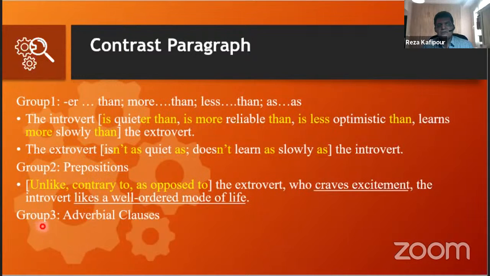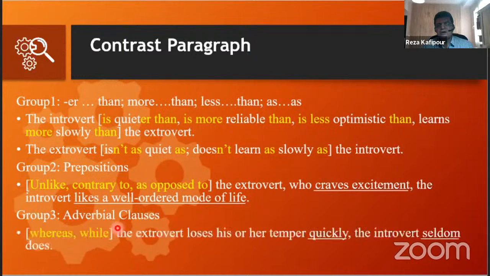The third group is the use of adverbial clauses by using whereas, while. Let's say in this way: whereas the extrovert loses his or her temper quickly, the introvert seldom does. So the basis of comparison is quickly and seldom.